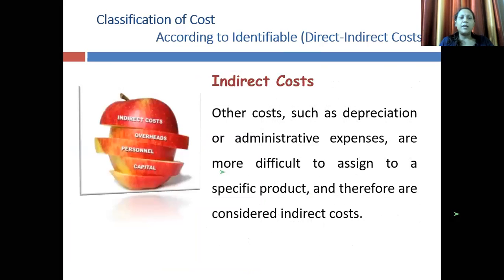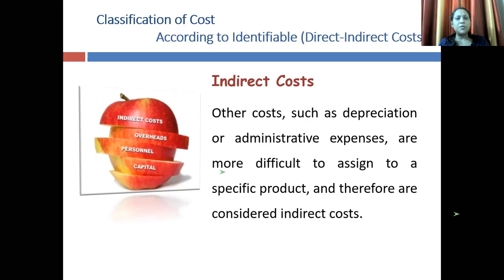So what is indirect cost? Indirect cost, other costs such as depreciation or administrative expenses are more difficult to assign to a specific product and therefore are considered as indirect cost. Depreciation represents the machinery that the company is using for a period of 10 years, 15 years, the life of machinery is diminishing.